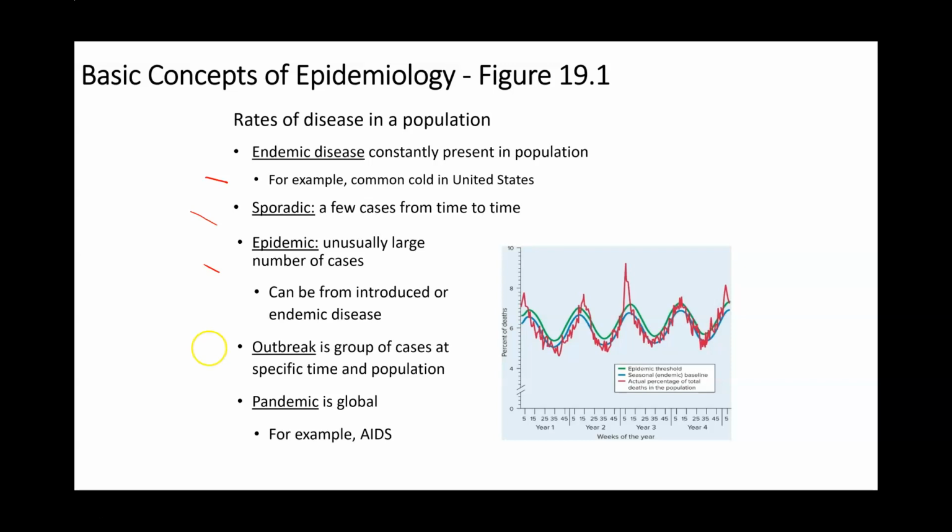Outbreaks are a group of cases that occur at a specific time within a population. So in the past, we would have outbreaks of chickenpox. One person would get the chickenpox, and before you have the actual chickenpox rash, you have cold-like symptoms, and then you get a fever and a cough.